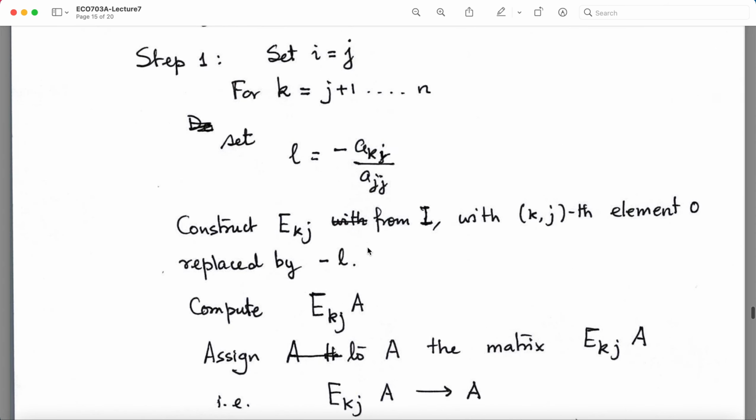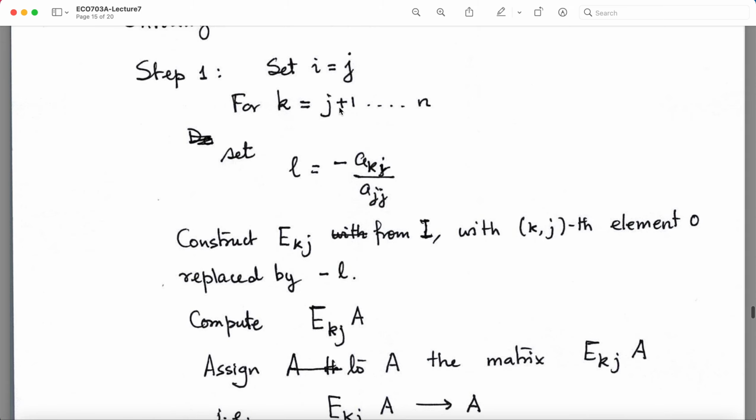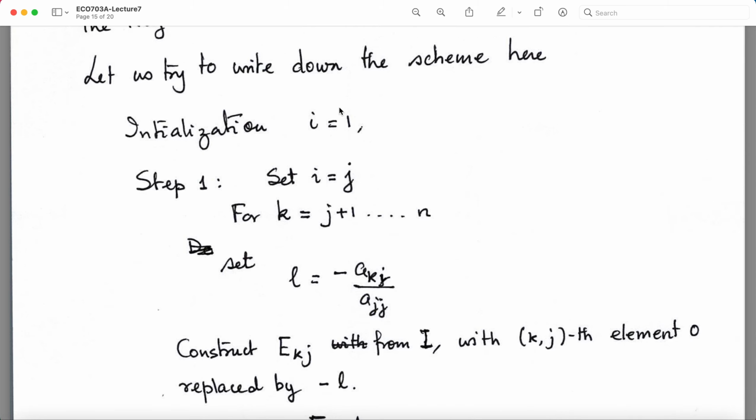And the new value of J is J plus 1, and you start again the whole operation. Repeat it. So how long you have to repeat it? Start with I equal to 1, 2, 3, 4. I equal to 1, I equal to 2, I equal to 3. And for this step you will stop.